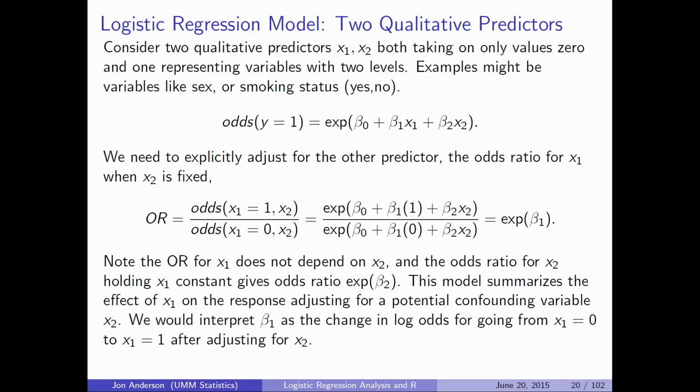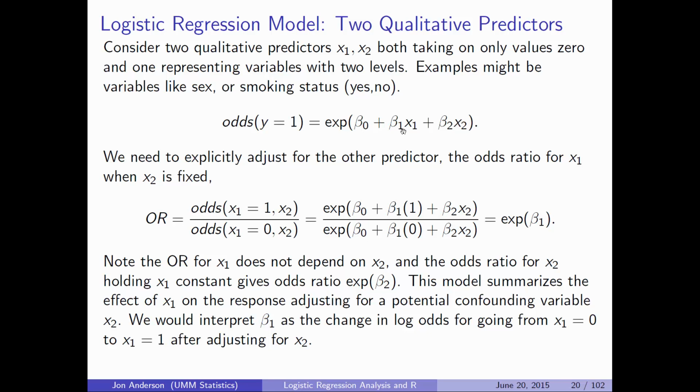If we wanted to talk about the effect of x1 controlling for x2, we'd have the odds of the event happening for x1 equals 1 divided by the odds for x1 equals 0, and the value of x2 would be held constant between the two cases in numerator and denominator.